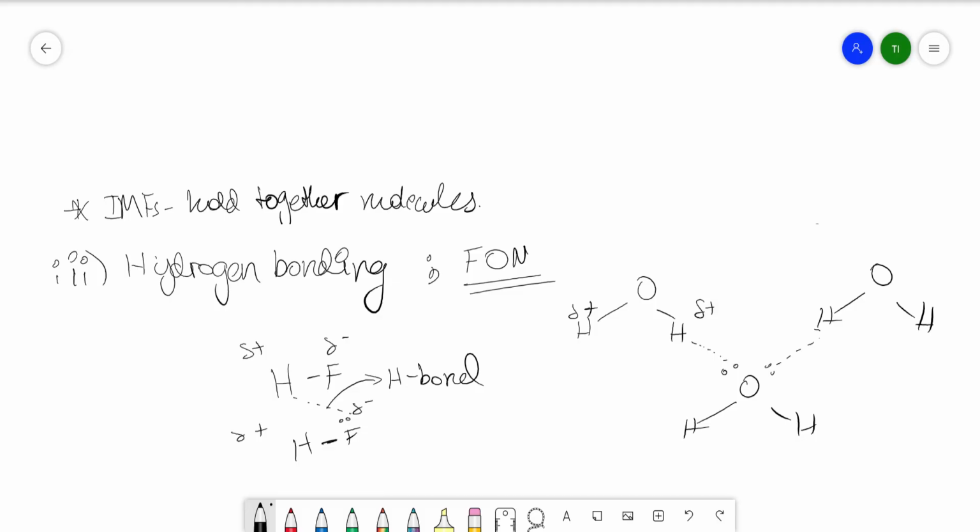This is how water molecules have cohesive forces. This is why they're liquid at room temperature. They're supposed to be a gas at room temperature and pressure, but they're not, and that is because they have extensive hydrogen bonding between each molecule.